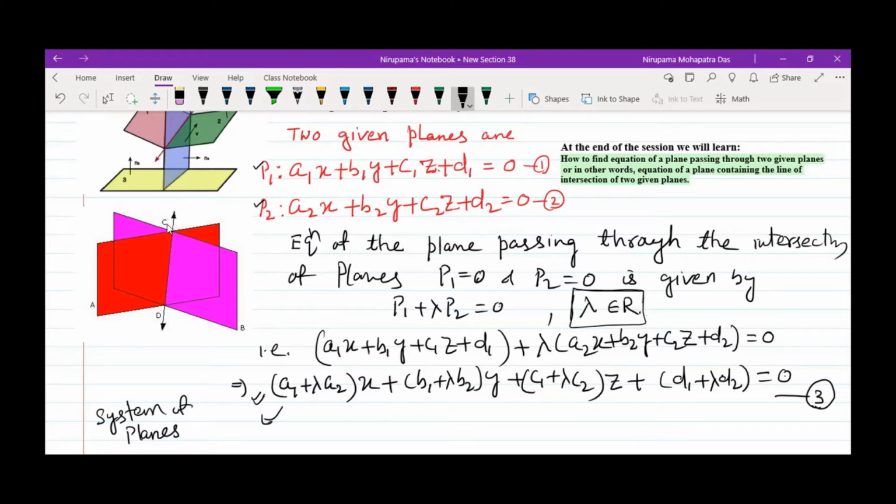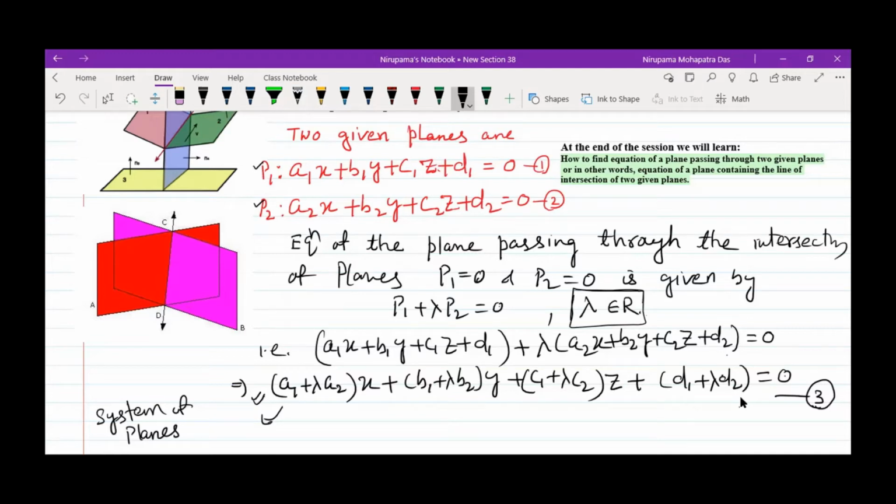Here you can see, through the line of intersection of two planes, many planes can pass, and those we can represent in the form of an equation like this, equation 3. Now in the question, we will be asked to find one particular plane.